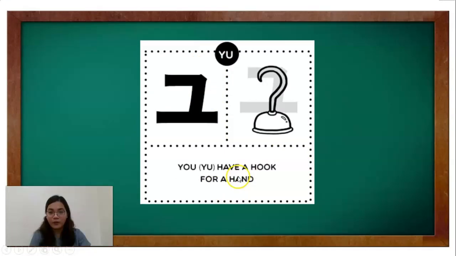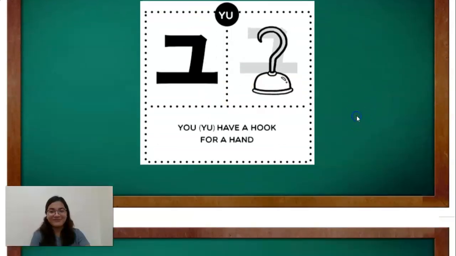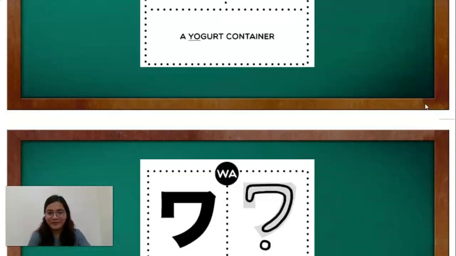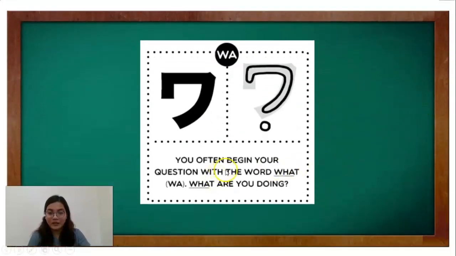You have a hook for a hand. So yu as in you. And last, yo. A yogurt container. So yo as in yogurt.